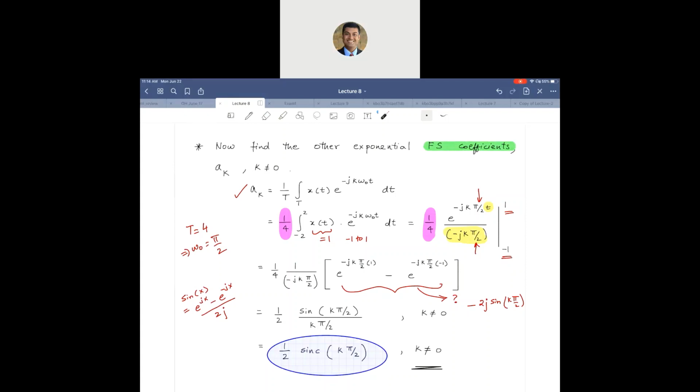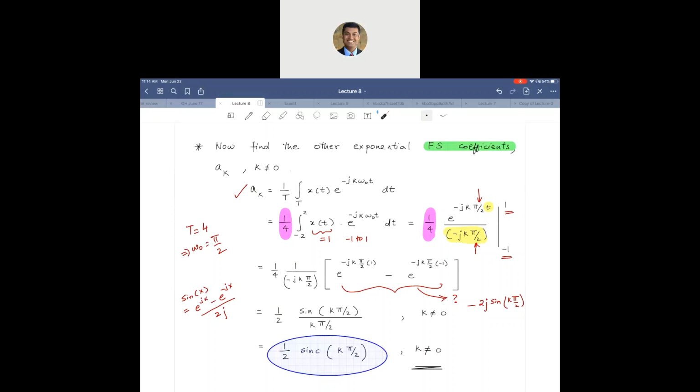In some textbooks you might see c sub n also for Fourier series coefficients. I'm just using a sub k because I like that terminology. k is the index. So when k is 0, we are talking about the DC term. When k is 1, we are talking about the fundamental frequency. When k is 2, we are talking about the second harmonic, and so on.